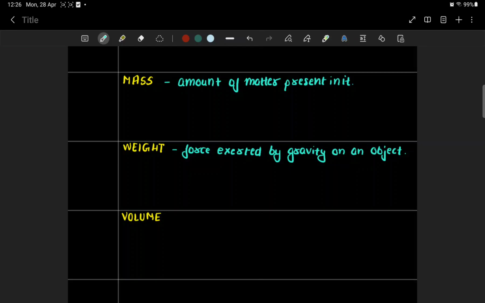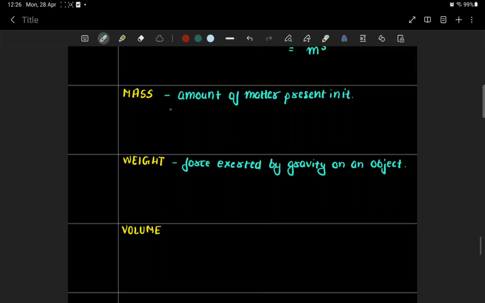Mass is constant because the amount of matter present would be constant, but weight differs from place to place because the force of gravity would differ. The SI unit of mass will be kilogram.